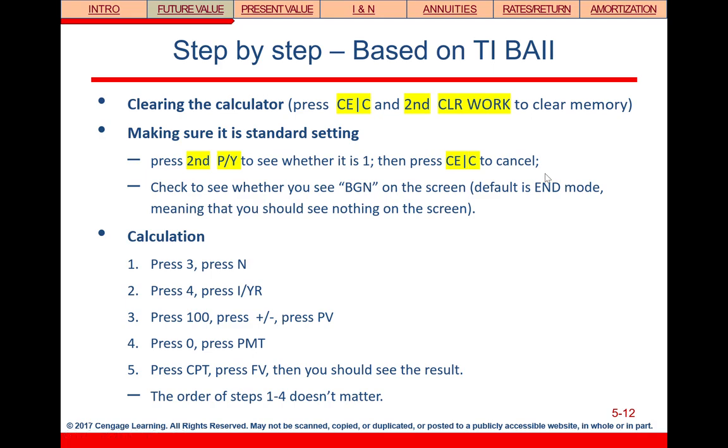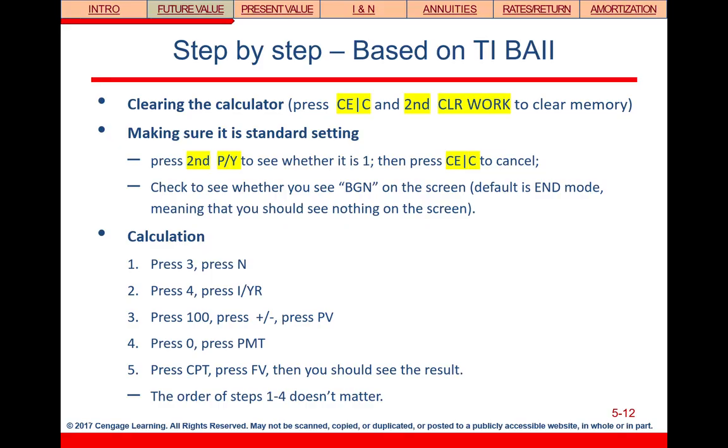I know you are confused about what begin and end mode are. This we'll discuss later. Right now, just make sure you don't see BGN on your screen. We'll show you the difference between these two later, and when you should use begin and when you should use end. After you clear the calculator and make sure it is the standard setting, now we can start the calculation.